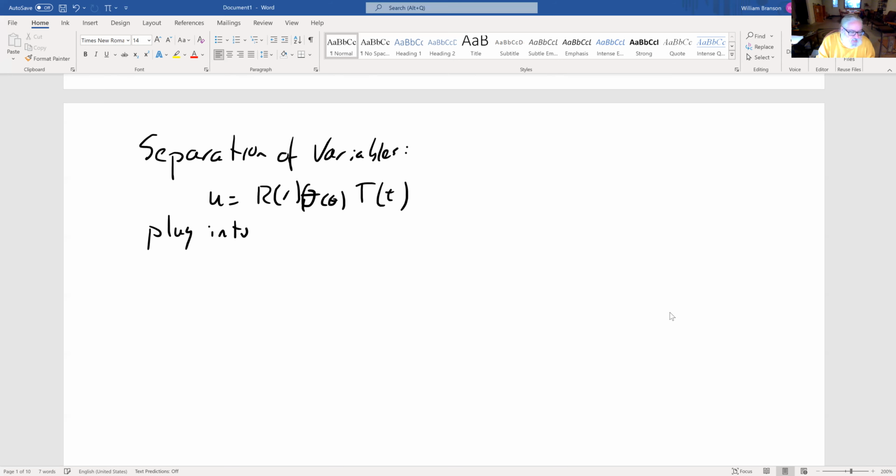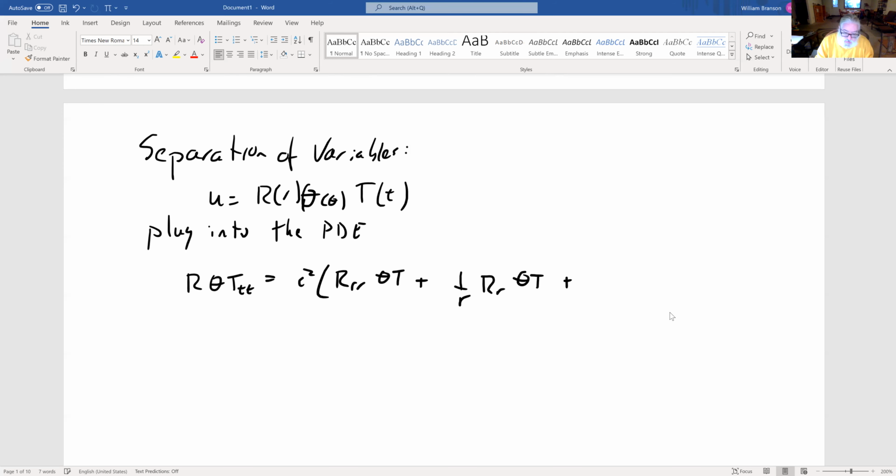You plug that into the PDE, and you get R Theta T second derivative with respect to time equals c squared times (R'' Theta T plus 1 over r R' Theta T plus 1 over r squared R Theta'' T).